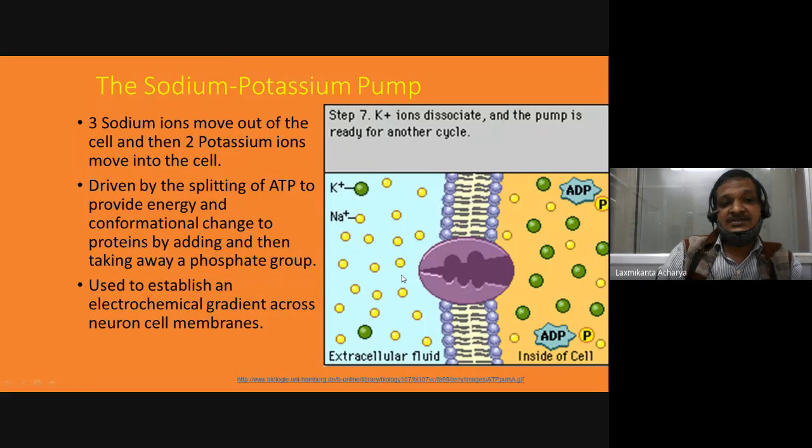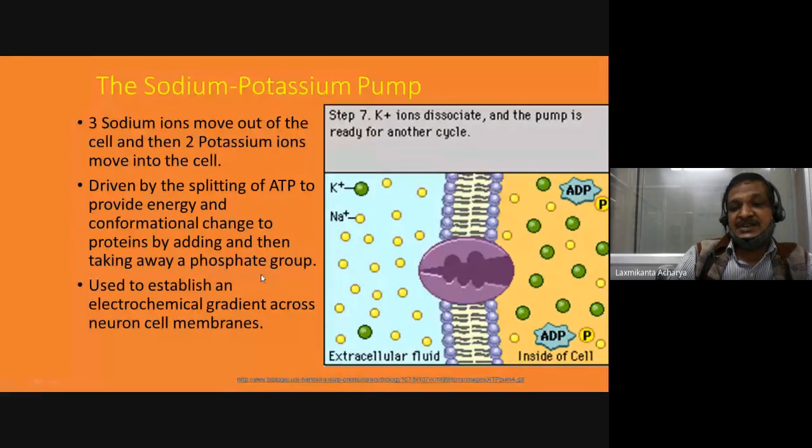So this ATP is used to establish this electrochemical gradient across the neuron cell membranes, and it is helpful for the conformational changes to the protein by adding and taking out the phosphate group. Whenever the phosphate is attached, we call this phosphorylation, and when this phosphate is taken out, this is called what?